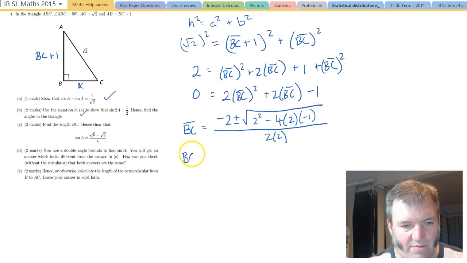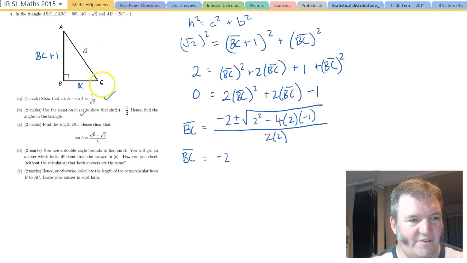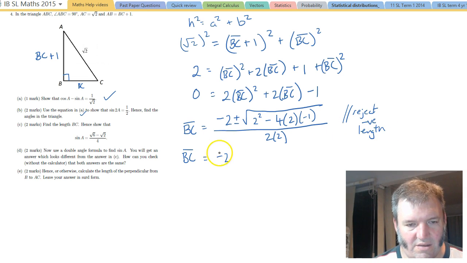Make that look a little bit prettier. And we're going to have negative 2. Now, negative 2 minus the square root, obviously we can't have a negative length. So here I'm just going to make a note that we can reject the negative length, just so that we can deal with the positive.